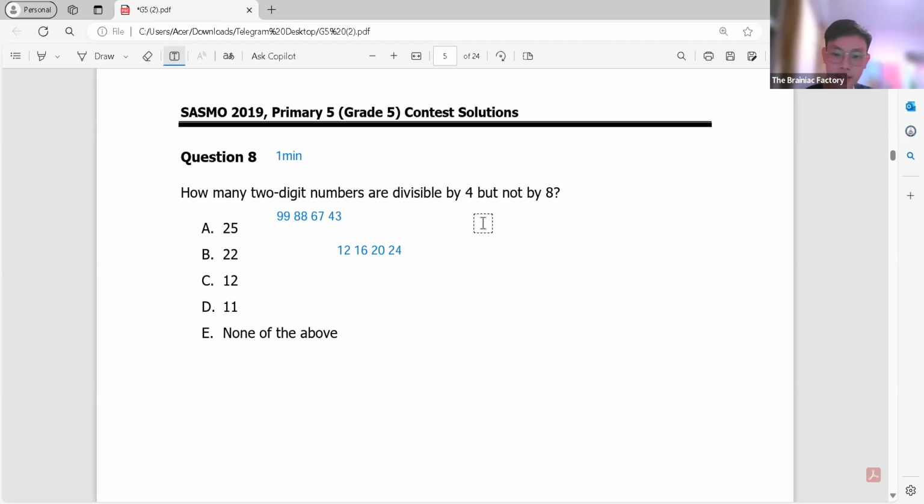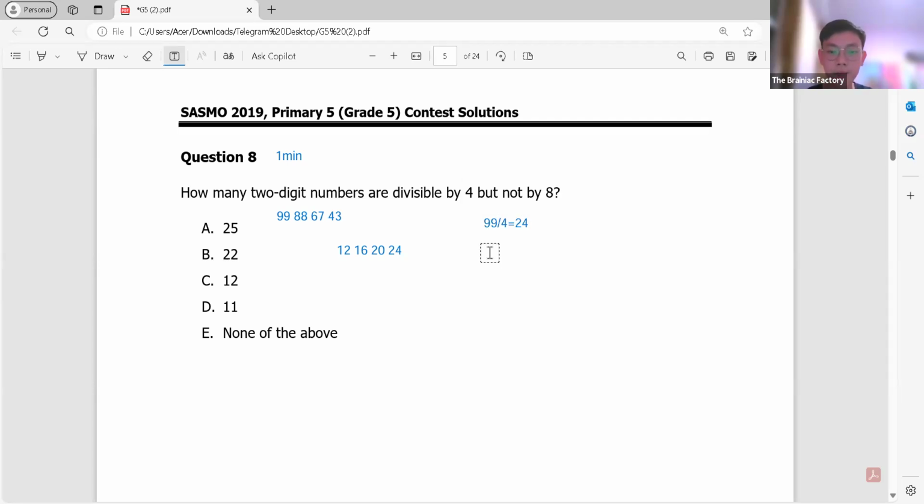So let's consider the largest 2-digit number, which is 99. When 99 is divided by 4, it gives the integer part, which is 24.